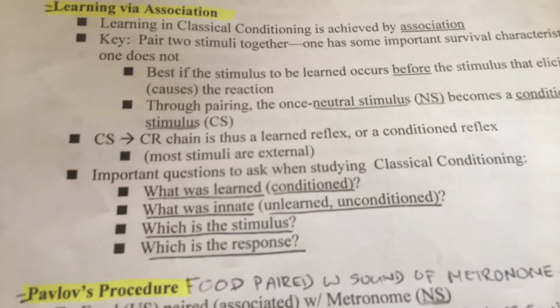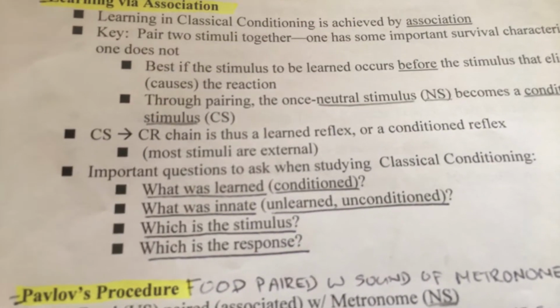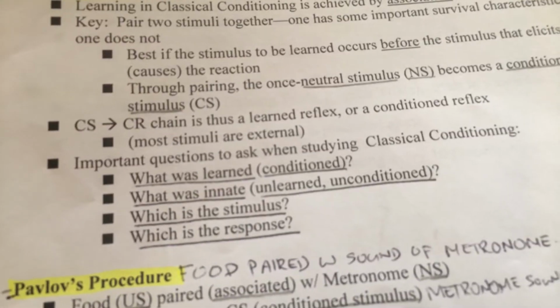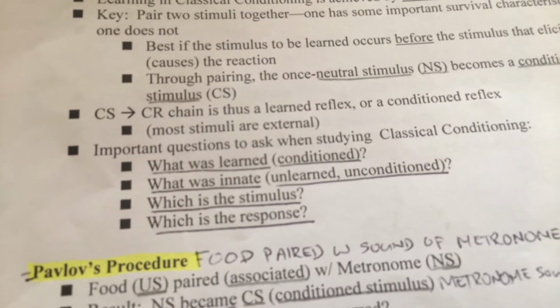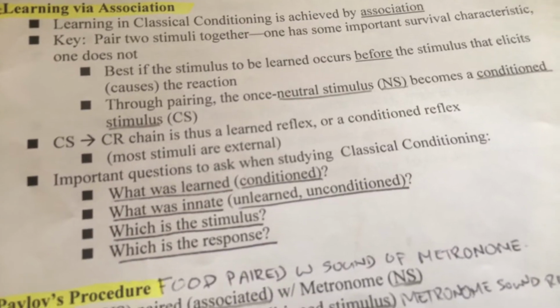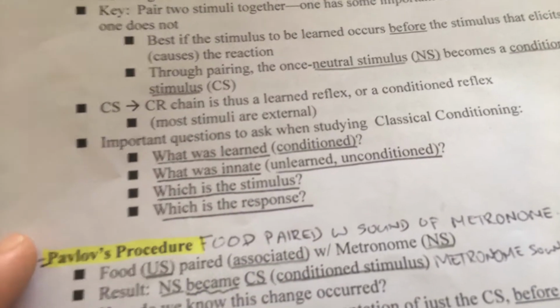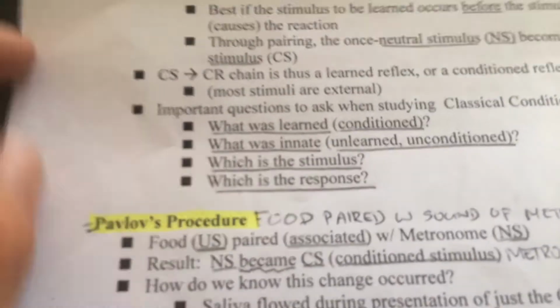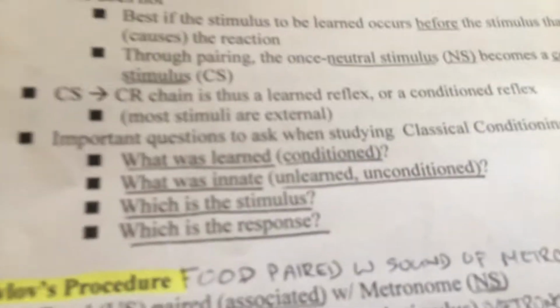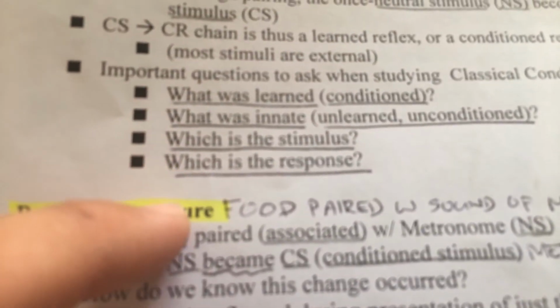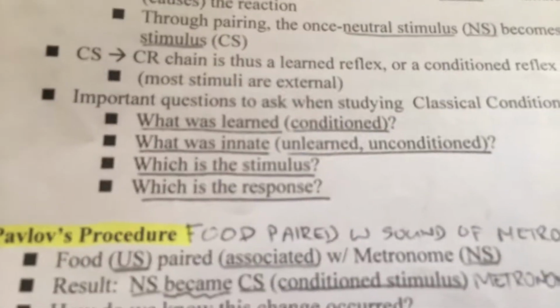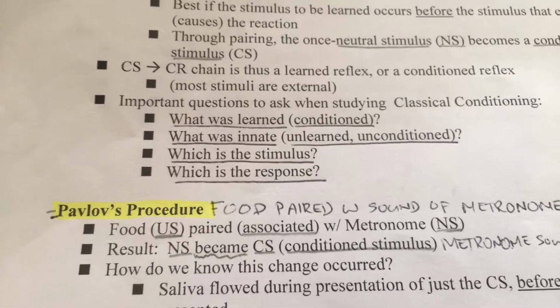Most stimuli are external. So, these are things in your environment, essentially. So, we have important questions that need to be learned in terms of how the stimulus is external. What was learned or conditioned? What was innate? Unlearned or unconditioned? What is the stimulus? These are important questions to ask yourself when conditioning.